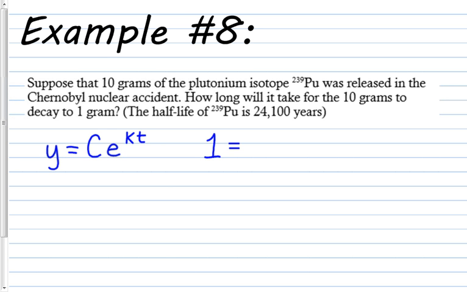And they did tell me the half-life of this plutonium isotope, how long it takes to get to the half-life. So the half-life is how long it takes for the original amount to decay down to half of it, right? To half of the original amount. So half of the original amount is 5 grams.